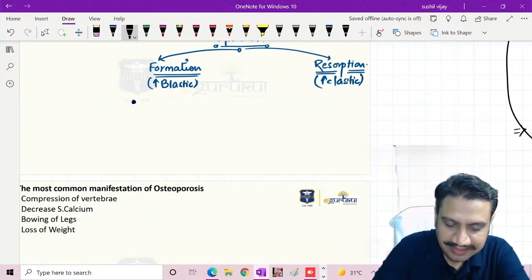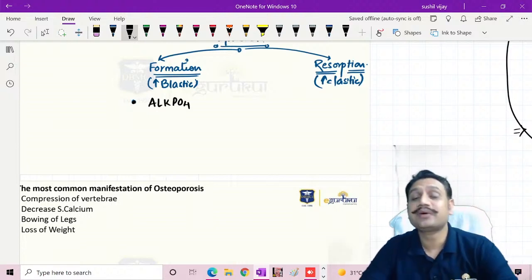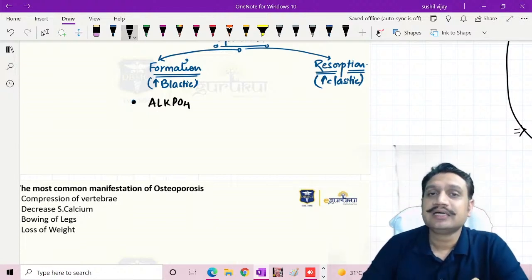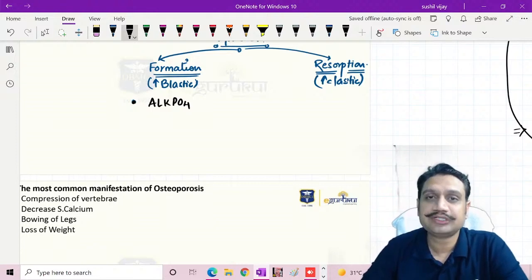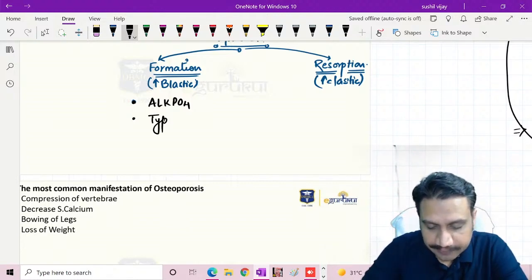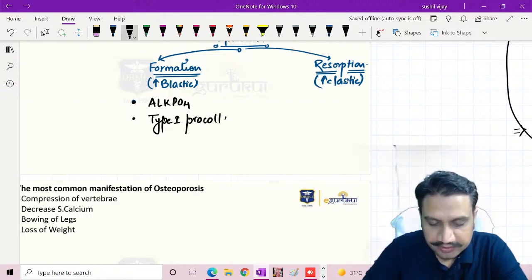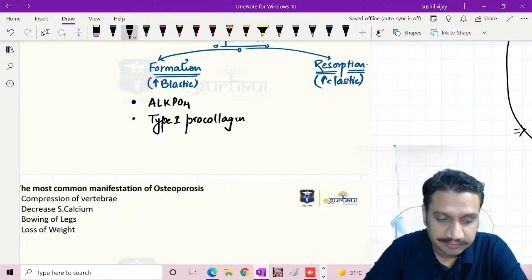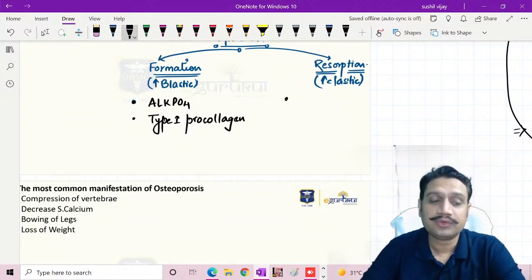They are alkaline phosphatase, and that is why in whatsoever condition the bone is getting damaged, getting into lysis, alkaline phosphatase will increase. Okay. So, alkaline phosphatase and type 1 procollagen, these two you have to remember. These are very, very important. So, you also keep on writing. Are you not writing with me? Musica, are you not writing with me? You have to write it down.